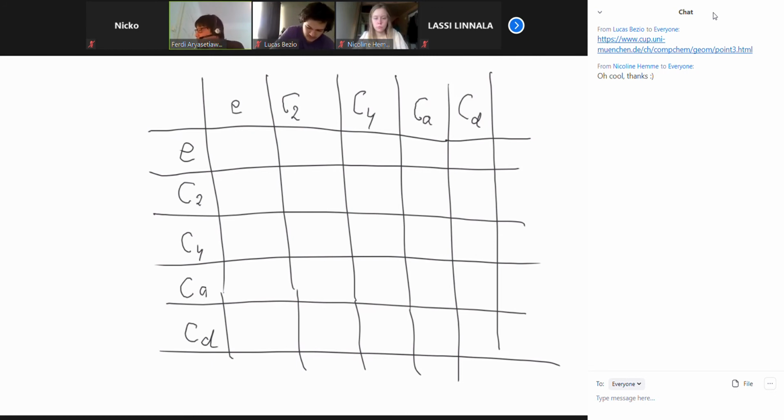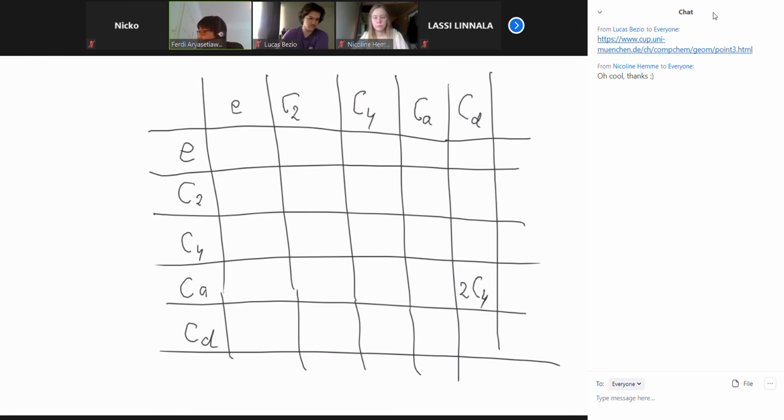So what do I have here? So we multiply CA and CD, and we find that it's equal to 2C4. And we can do the same, yes. I think we don't have to do this. Yeah, that's going to take a long time.